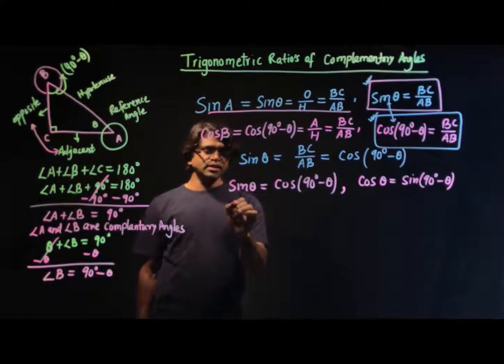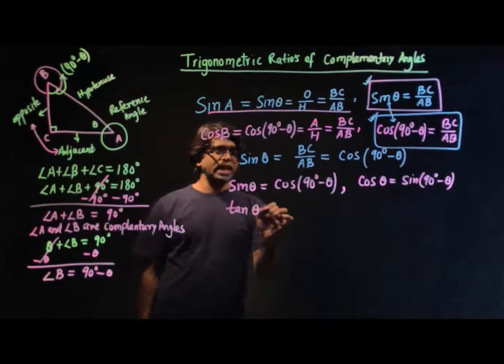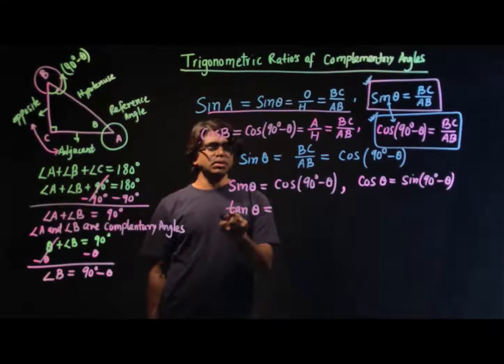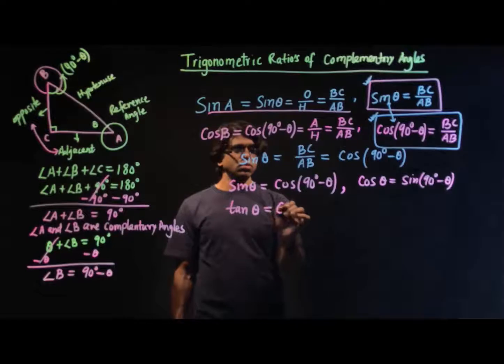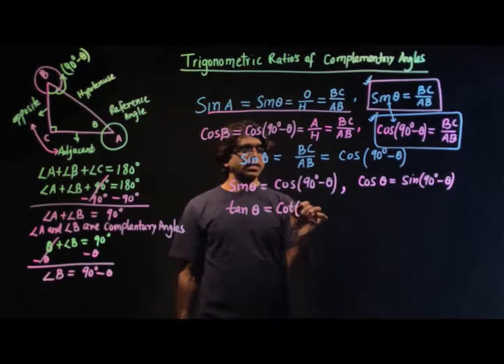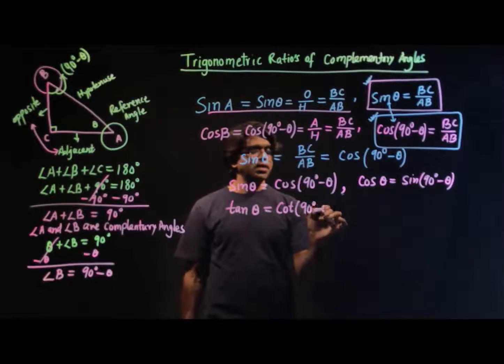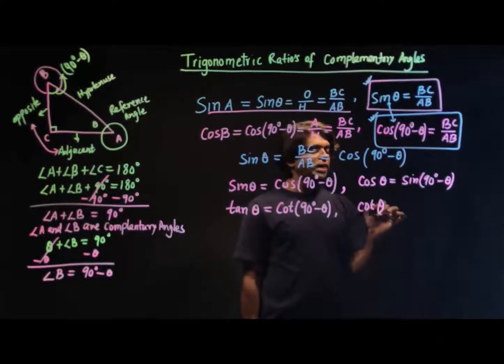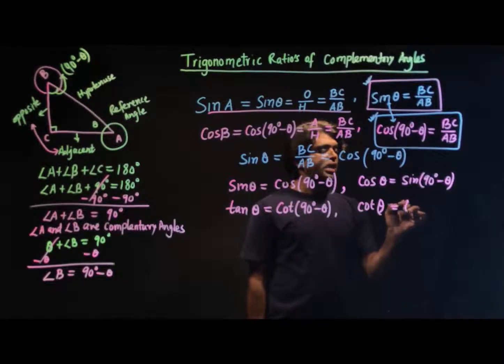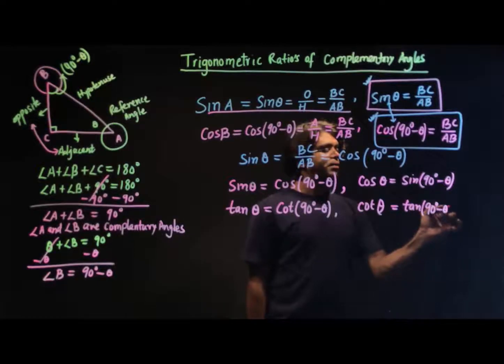Now the next relationship that I'm going to talk about is, we can do the same thing for tangent, and the relationship will be tangent theta is equal to cotangent of 90 minus theta, and cotangent theta will be tangent 90 degrees minus theta.